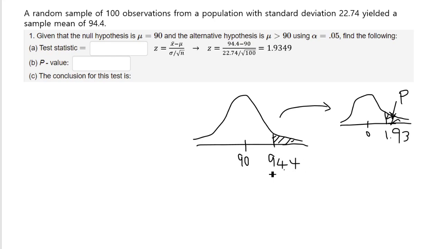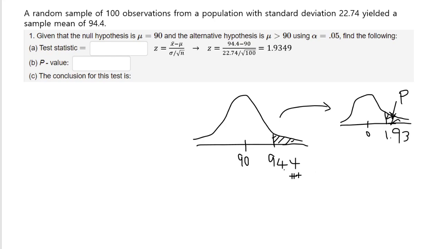In other words, you want to see whether 94.4 and above gives you a significance level that's bigger than 0.05 or not. If it's less than 0.05, that's significant enough that you can reject the null hypothesis. If the p-value is more than 0.05, then it's not as significant, and you don't get to reject the null hypothesis. So that's the thing.